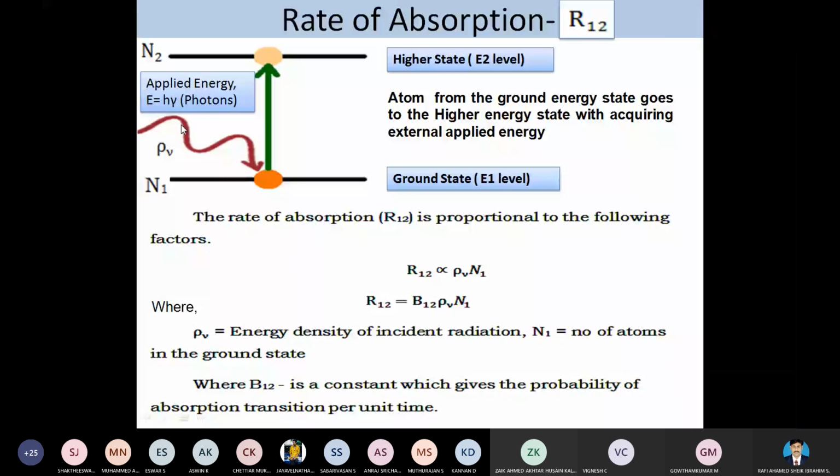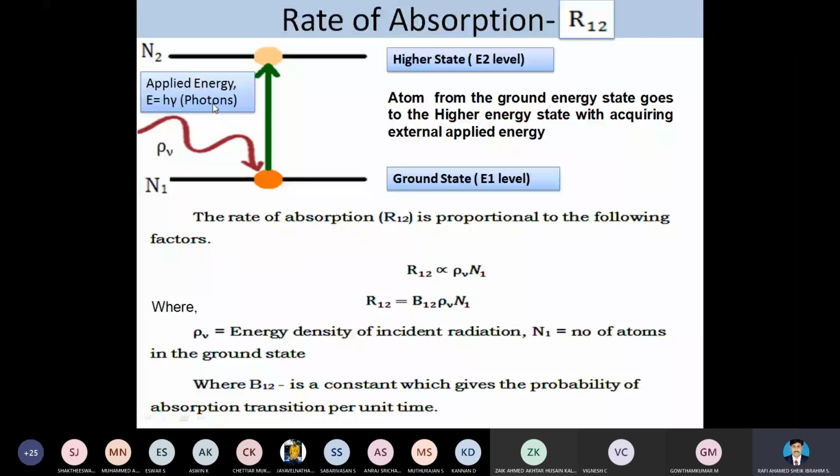What is this electron beam? What is this photon? If your input field is an electric current, then it's electrons. If your input field is a light source, then it is photons. Photon means light.